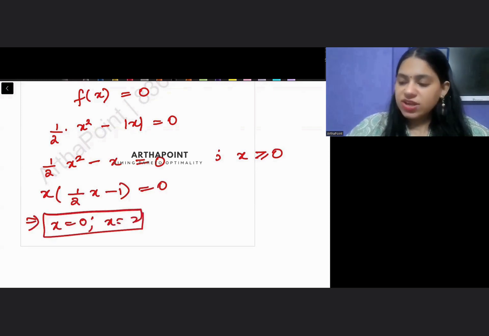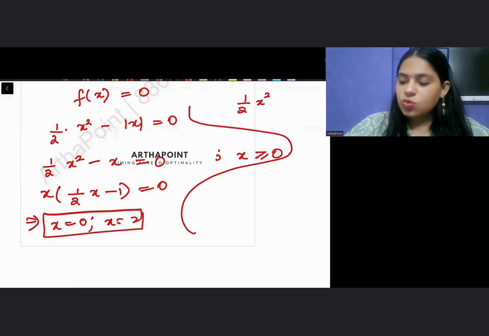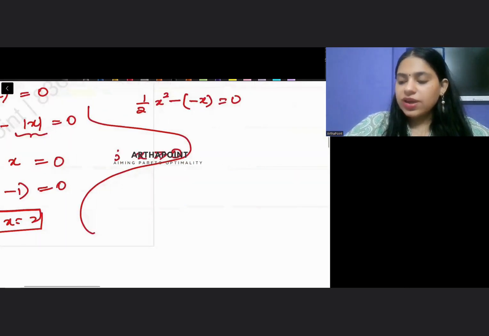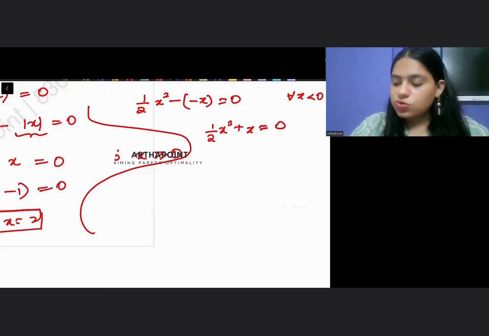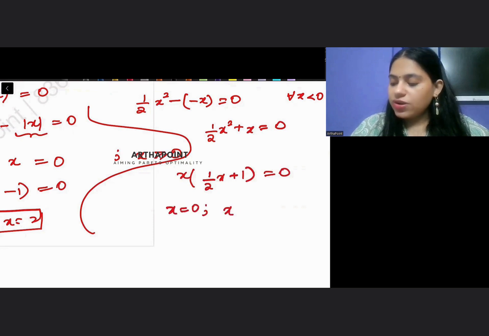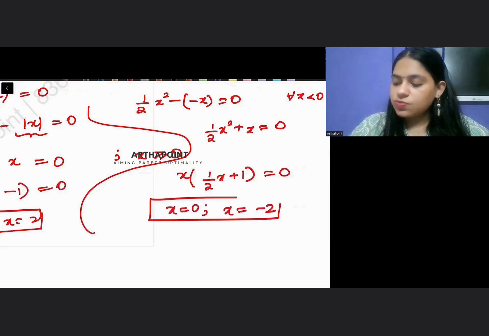The other way in which I can open up mod is half x square minus, so instead of mod x, I will write minus x equal to 0, for all x negative. So I will get half x square plus x equal to 0. I will take x common, half x plus 1 equal to 0. So either x will be 0 or x will be minus 2.